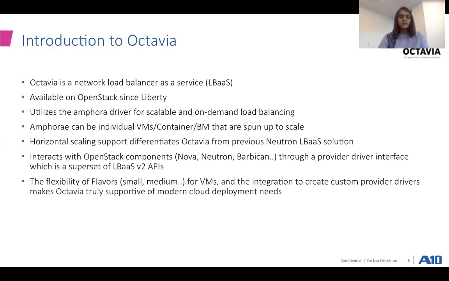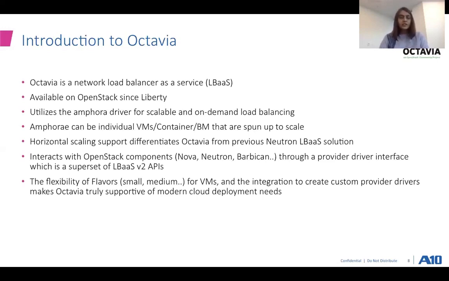On the back end, Octavia uses the amphorae driver for scaling and on-demand load balancer creation. Multiple of these are called amphorae, and each of them can be deployed as either a virtual machine, a container, or bare metal. What this brings to the table is that it makes the amphorae driver truly supportive of different form factors for load balancing.